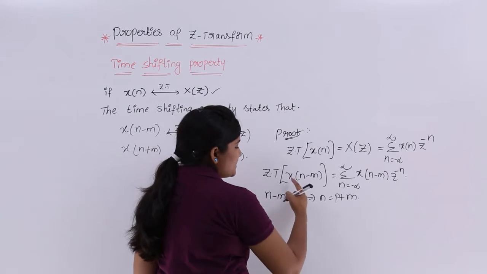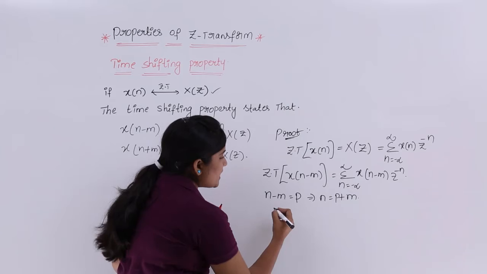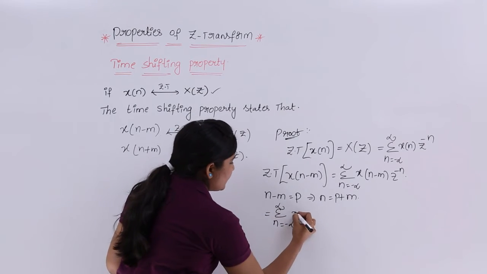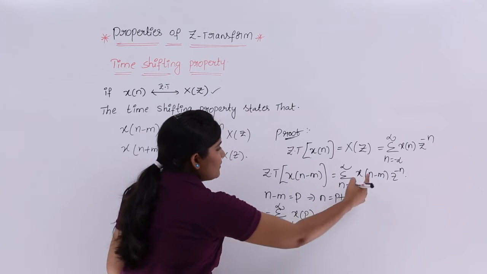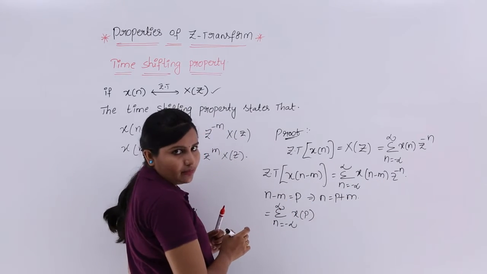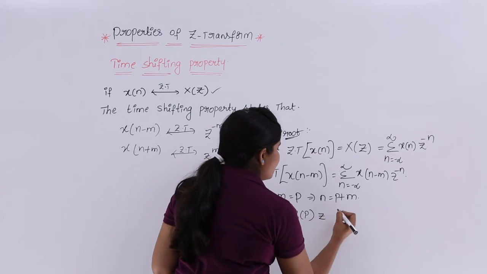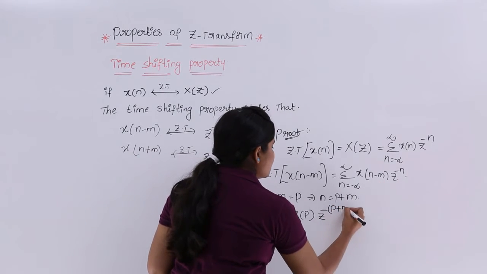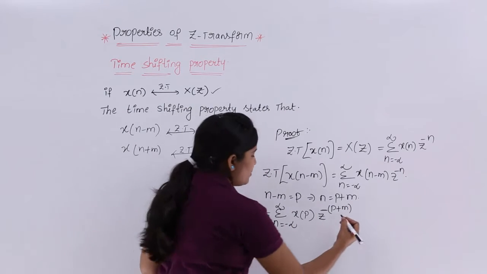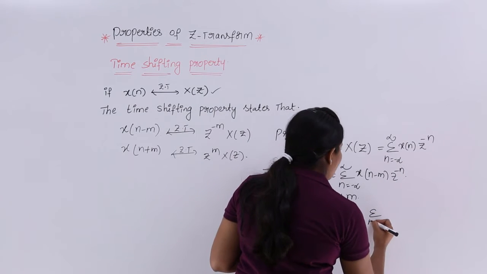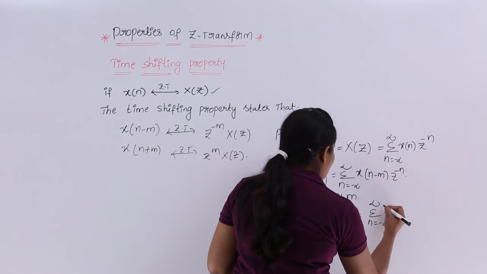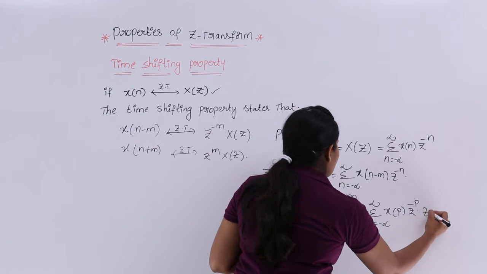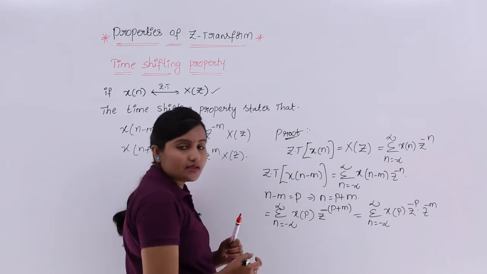I replace these values here, so this is the summation of x of p, and in place of z power minus n I take z power minus of p plus m. This is equivalent to the summation of x of p z power minus p into z power minus m.